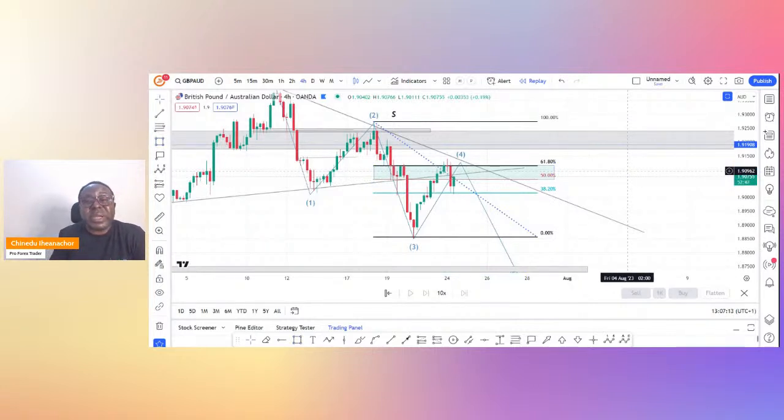Most retracements in the market happen between the 50 and 61.8 levels. It's very important that you take note of that and put it in your trade.